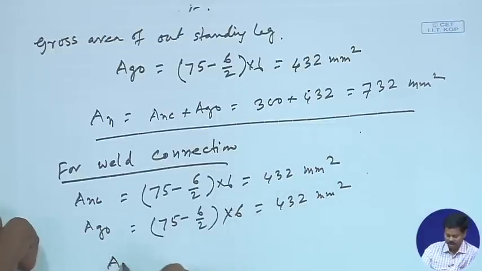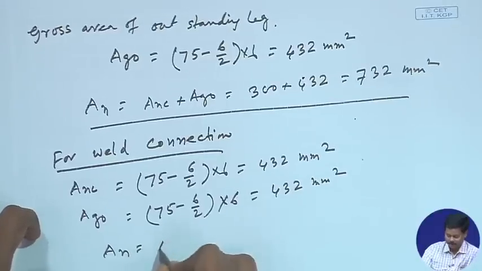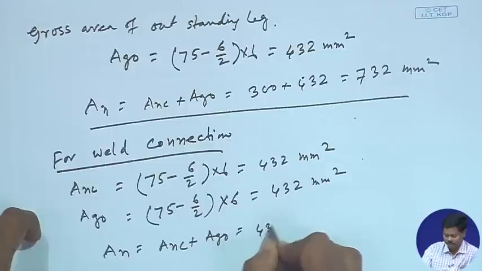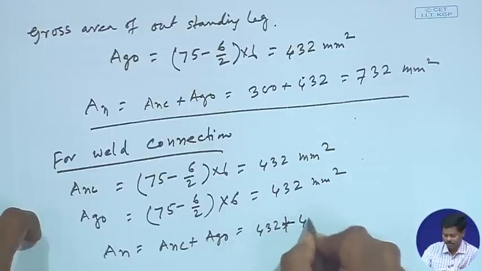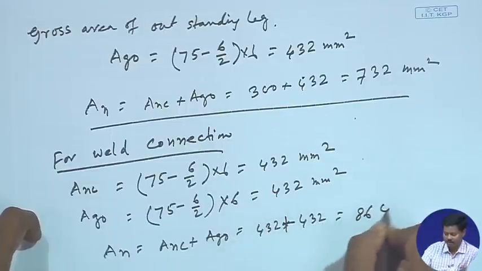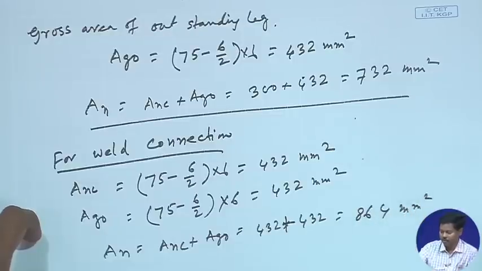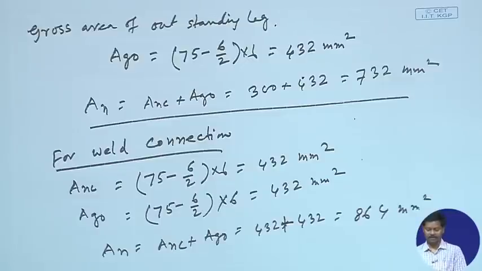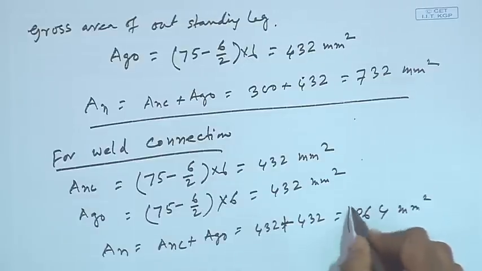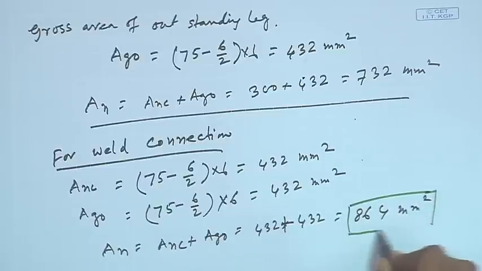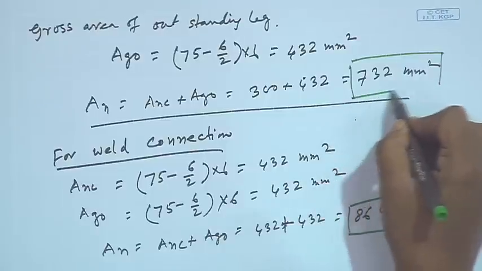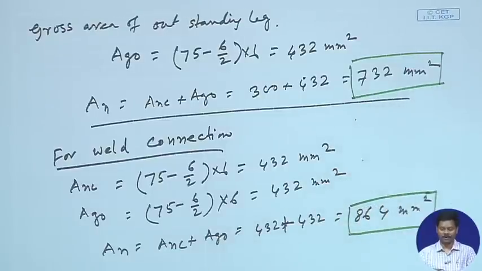So, the net area of the angle in this case will be ANC plus AGO, which is 432 plus 432, that means 864 millimeter square. So, here we could see that the net area for the weld connection is 864 millimeter square. If we compare, the net area for weld connection is 864 and for bolt connection it is 732.